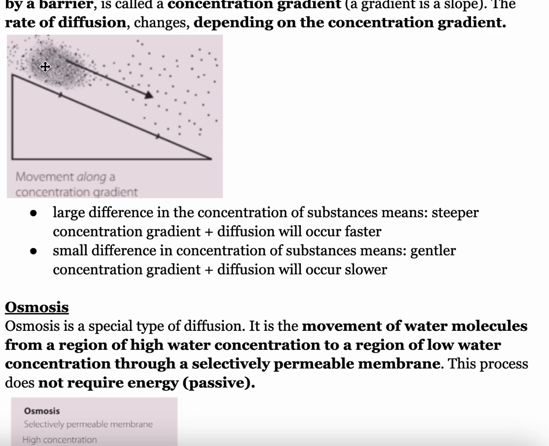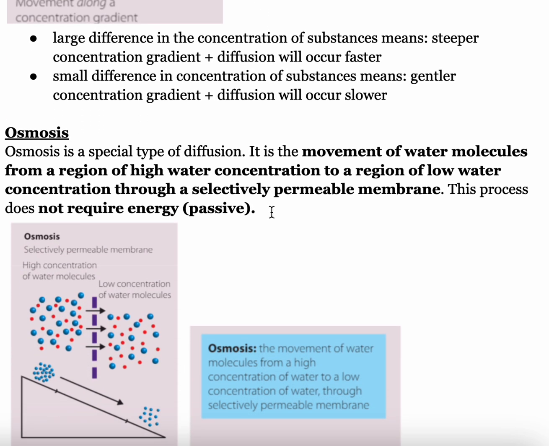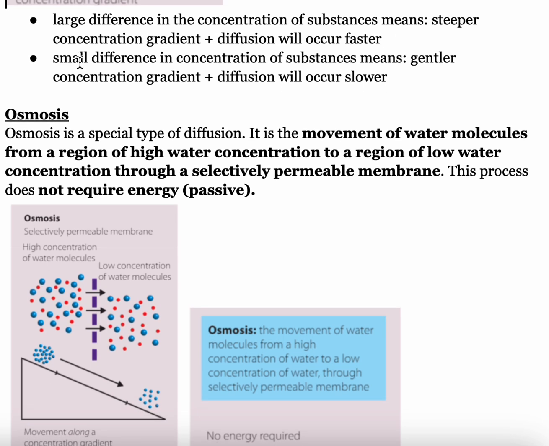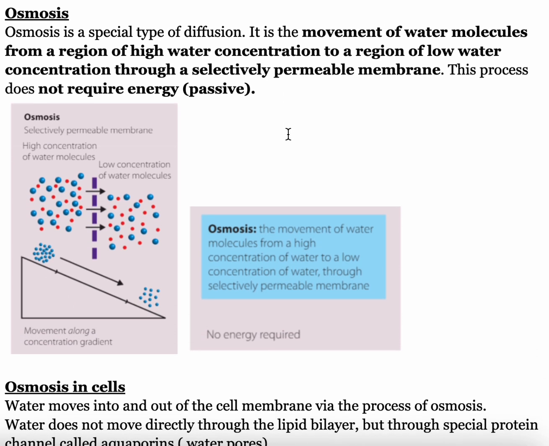So all the solute, like the molecules and the particles, will move this way. A large difference in the concentration means a steeper concentration gradient, and the diffusion will occur faster. A small difference in the concentration means that there will be a gentler concentration gradient and diffusion will occur slower.